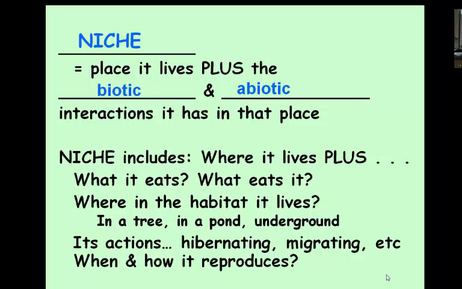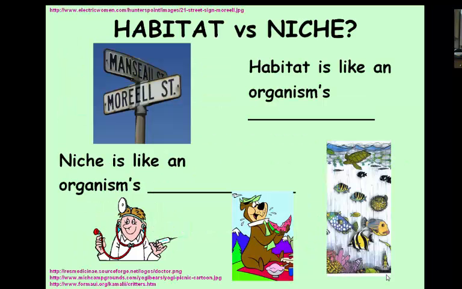So niche basically is like its job: where it lives plus what it eats, what eats it, where in its habitat it lives, and its actions, hibernating, migrating, etc. When we think about the difference between the two, and we're going to get into this later in chapter 4, we still want to think about habitat as being an organism's address, and niche being an organism's occupation or job.